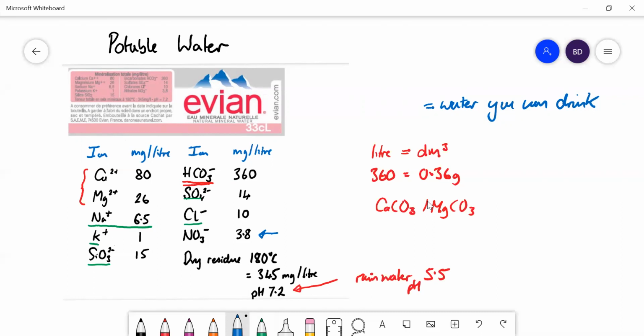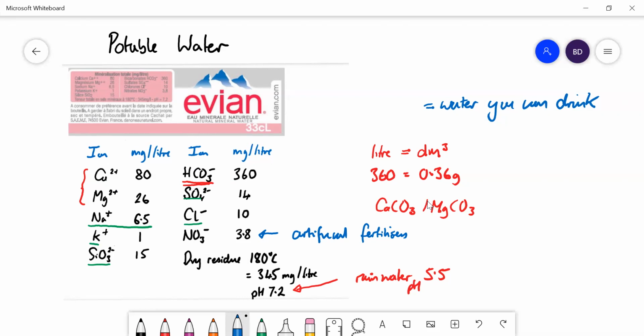It's bad for you, and that is a problem because nitrates come from artificial fertilizers, because of course plants need nitrate to grow, and if too much artificial fertilizer is applied to crops, it rains and it washes off the crops and it ends up in the water table, and there's too much nitrate in that, and it's not good for drinking water.